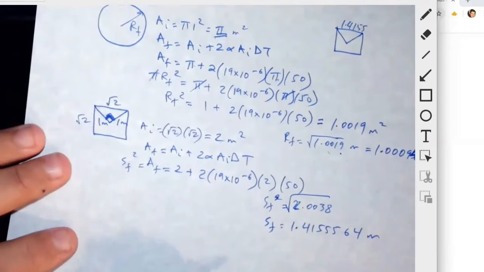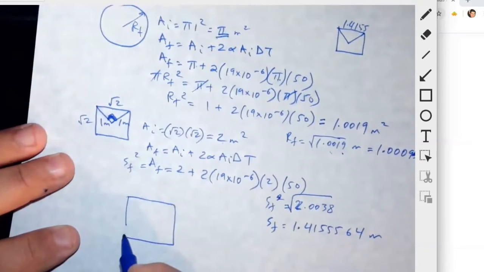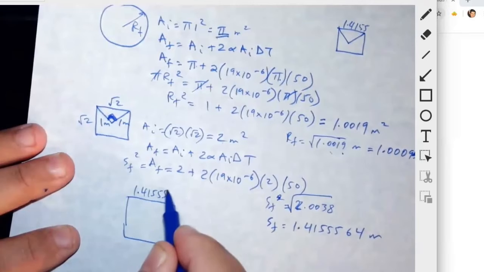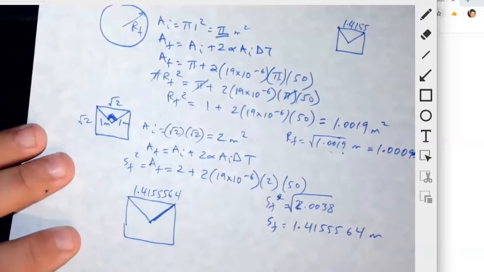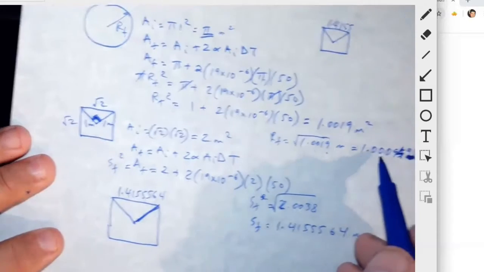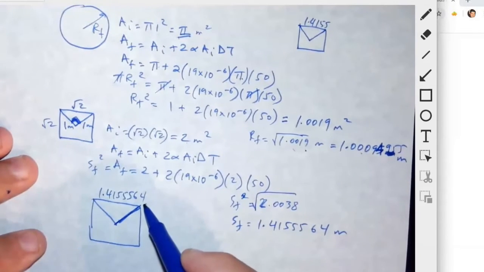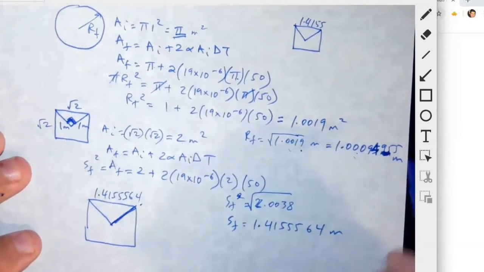Oh, okay. So I see. If this is the new square, and from here to here is 1.41556564, what's going to be the diagonal of the square from here to here? Then we can compare that to the radius, because the circle's radius we already know is 1.009495.